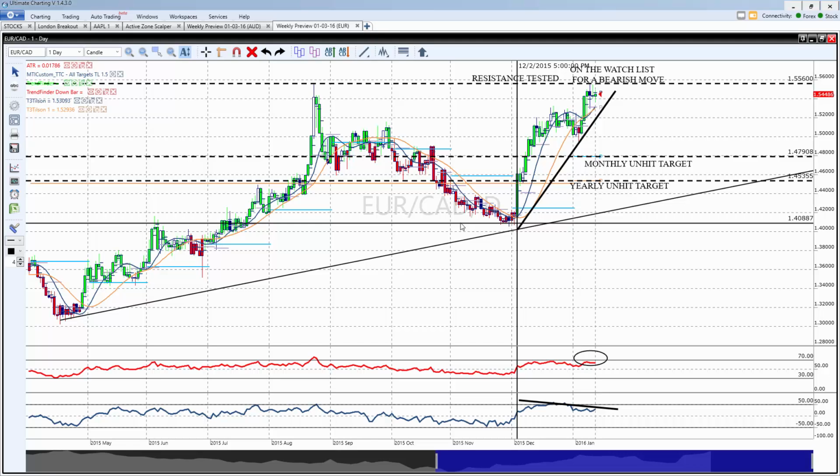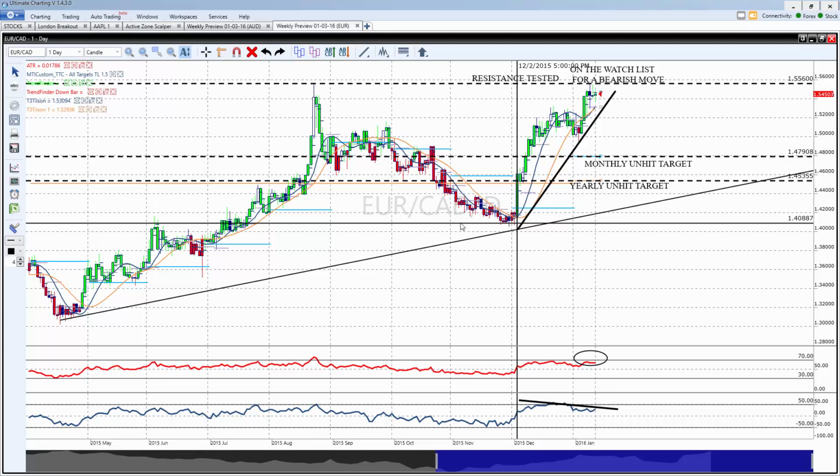This one looks like a bit of consolidation here. If it drops out of this wick here, then probably it'll try to hit the monthly target.